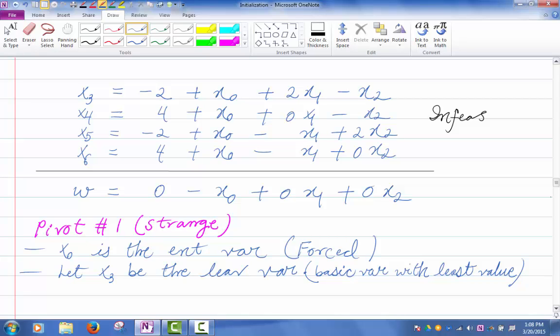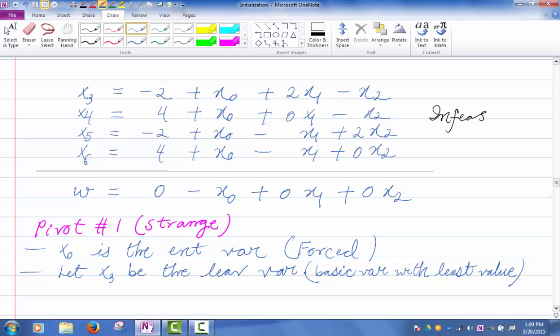So remember, our x0 will be entering, and then which one is leaving? Well, either x3 or x5, any one of them could leave, because both of them have the least value. The value of x3 is -2 and x5 is also -2.